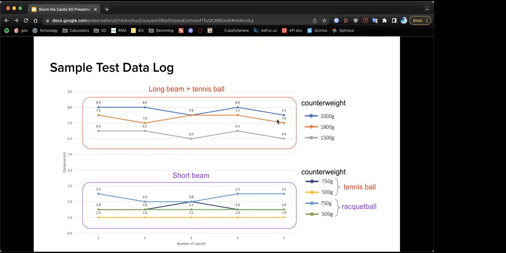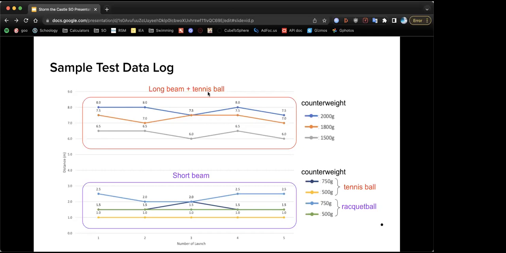The orange was when the counterweight was 1,800 grams, and the gray was when the counterweight was 1,500 grams. And these are my distances for certain runs. Run one was 8.0 meters, 7.5 meters, 6.5 meters.